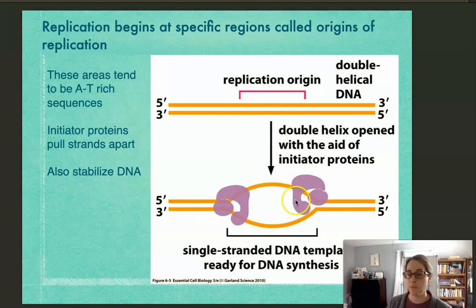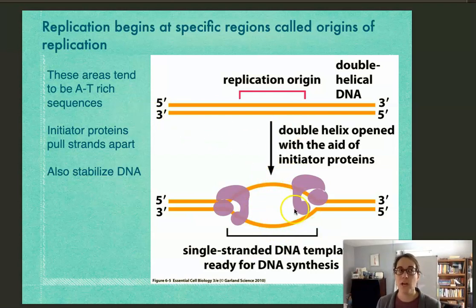And so when we pull them apart, there are these proteins called single-stranded binding proteins that help to stabilize the helix from coming back together, because again, those hydrogen bonds can spontaneously reform. And it does take some energy to pull apart these strands of DNA.